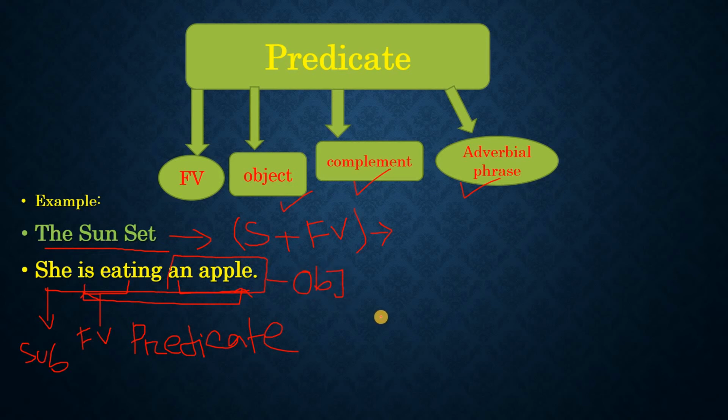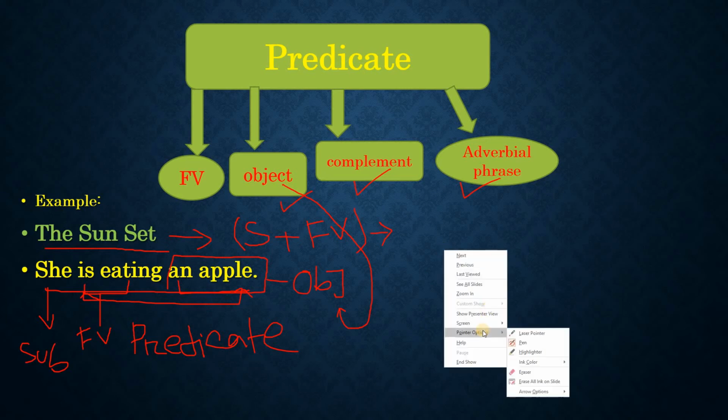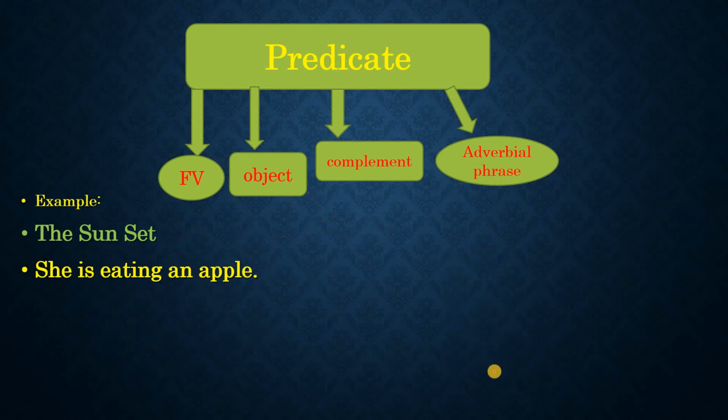So I have found the object. Dear students, I'm sure you have realized what I said. That means I have found the object, an apple. She, the subject, is eating, the finite verb.